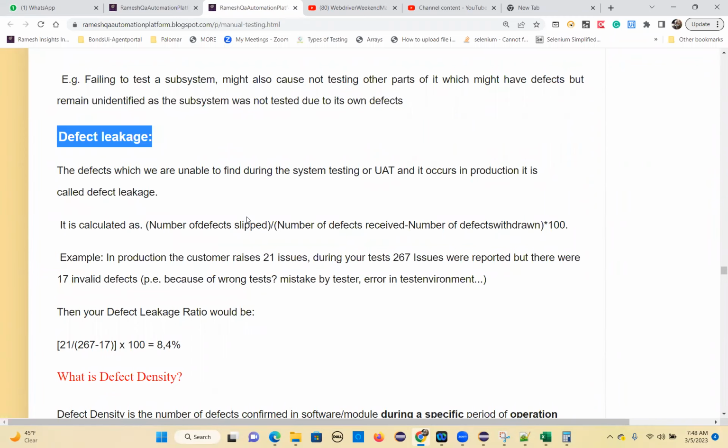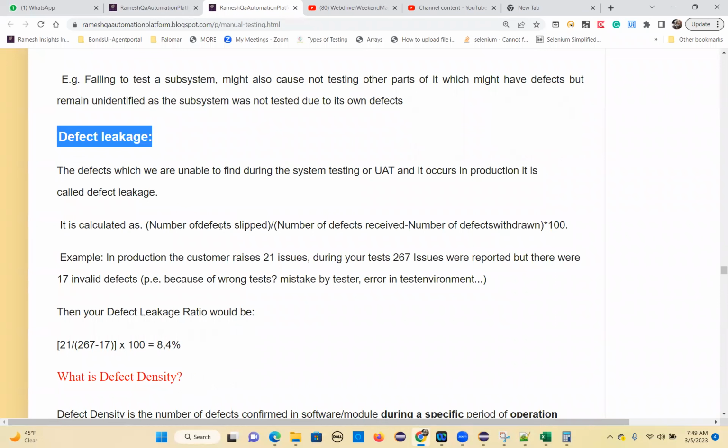Somewhere it is broken, but you are not able to find it in your system testing by the testing team or UAT testing by business people, but it is found in the production environment by the customer. That is called defect leakage.